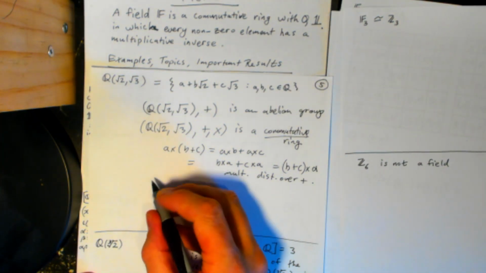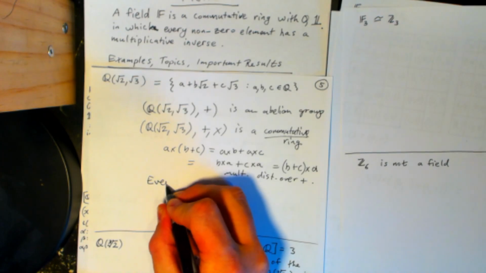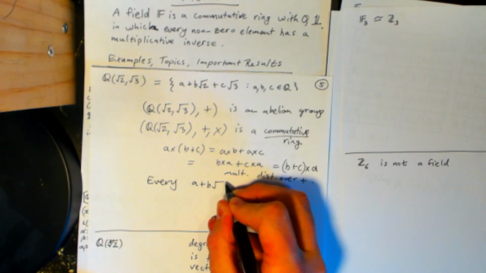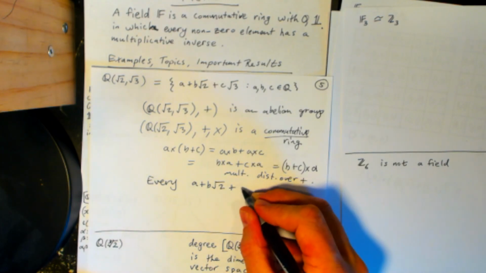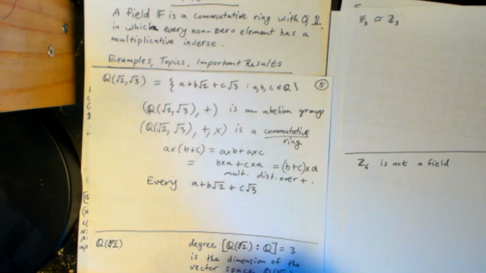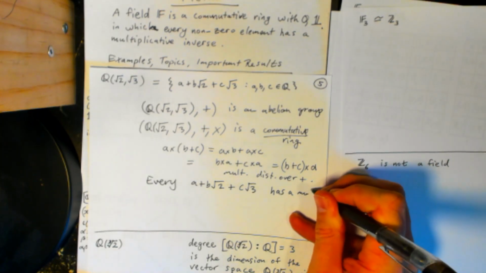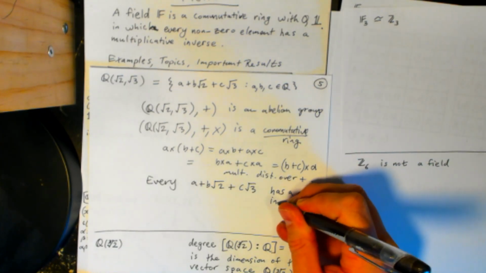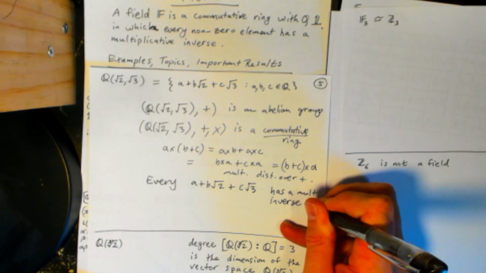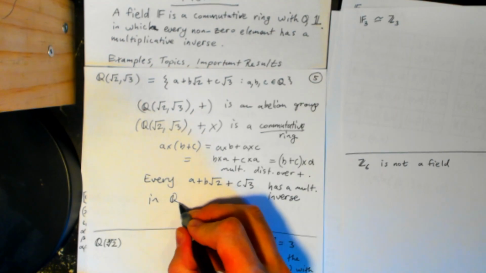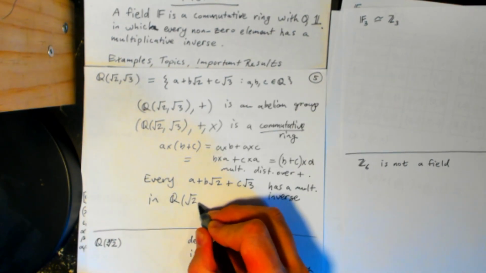Okay, now finally, every element a plus b root 2 plus c root 3 has a multiplicative inverse, and that is in this same field.